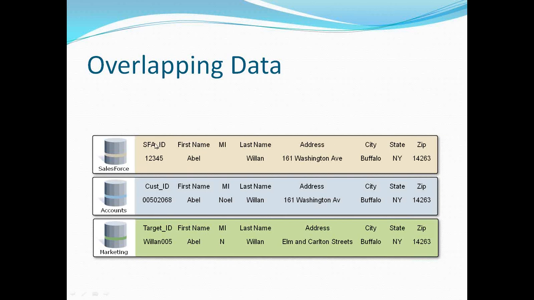Salesforce has its SFA ID, accounts has a customer ID, and marketing has a target ID. They are all maintaining their own primary keys, which is usually there in all systems. Most of them maintain a primary key, unless it is a file-based system where we are storing the data in CSV file format. Only then will there probably not be a unique key or primary key.